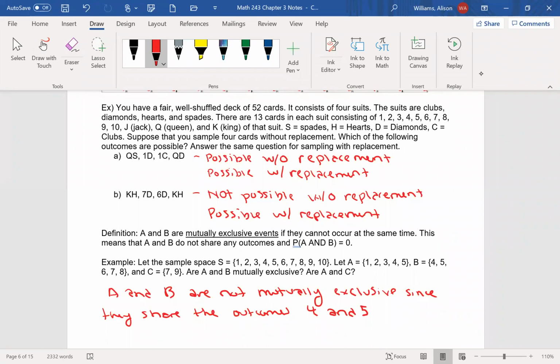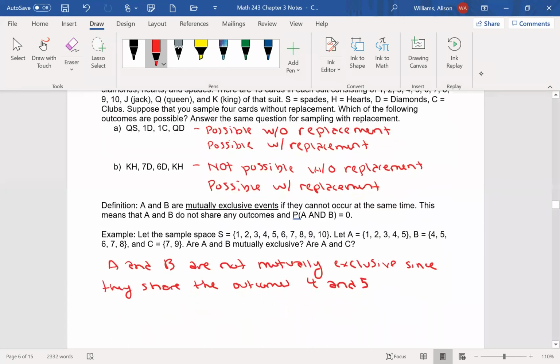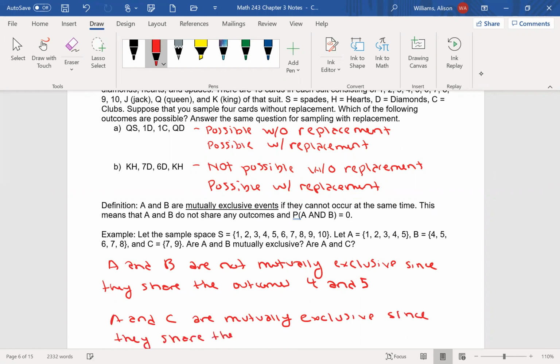Okay, are A and C mutually exclusive? They are mutually exclusive. A and C are mutually exclusive since they share no outcomes in common. Now, that means then that the probability of getting A and C is 0. It's impossible to happen. That's what it means to have a probability of 0. They share no outcomes.